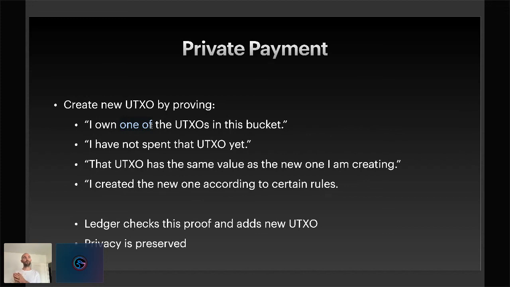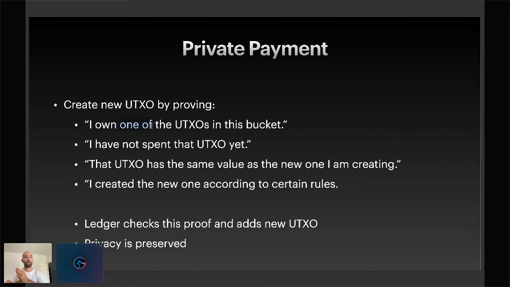If I were to show them which UTXO I'm spending, then they could look and see which transaction that UTXO originated from. And then they would have a way of linking me to that previous transaction, and I would lose some of my privacy, right? So the very clever thing is that we don't say which UTXO we own. We just prove that we own one of the UTXOs that's in the bucket, okay?